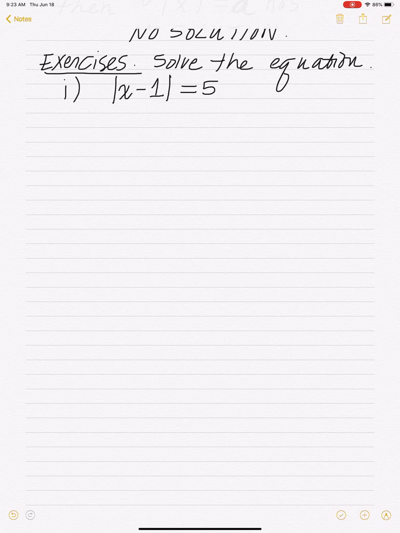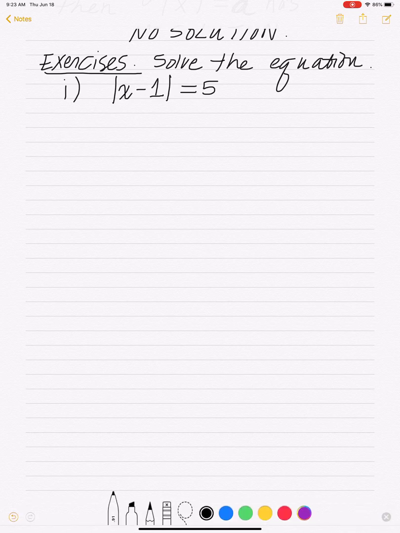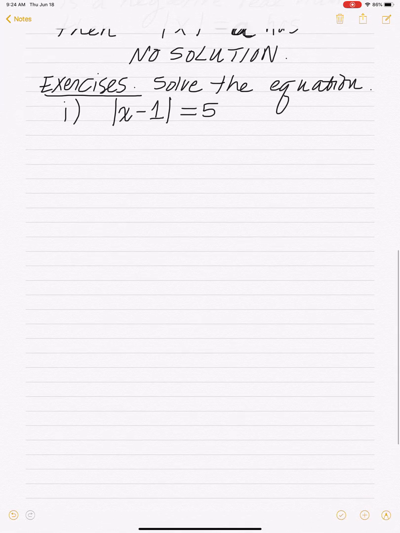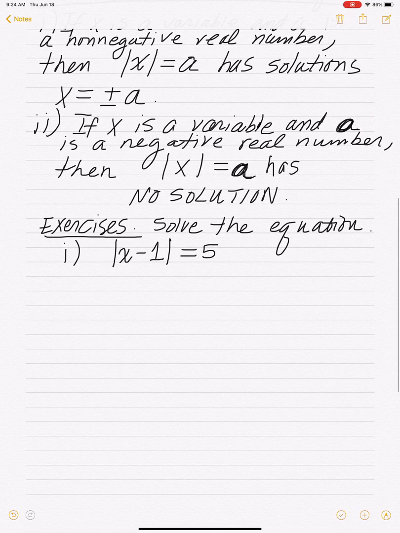The first step should always be to get the absolute value by itself. It's already by itself, that's fantastic. And notice that what's in the absolute value is not just an x, it's a whole variable expression, x minus 1. So for now, we're going to treat the x minus 1 as an entire variable expression.